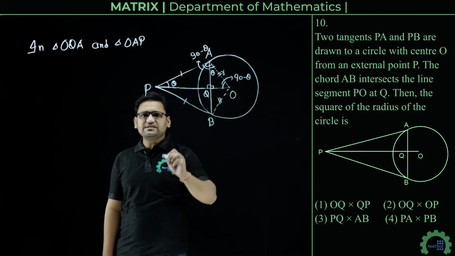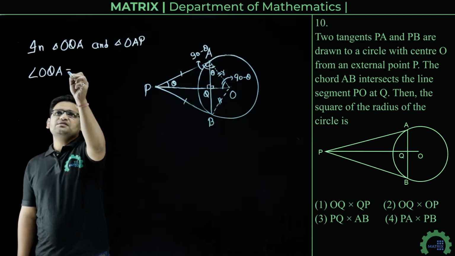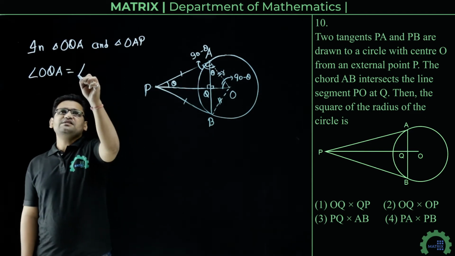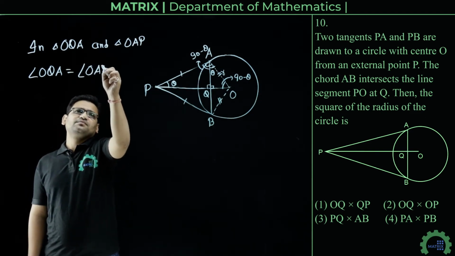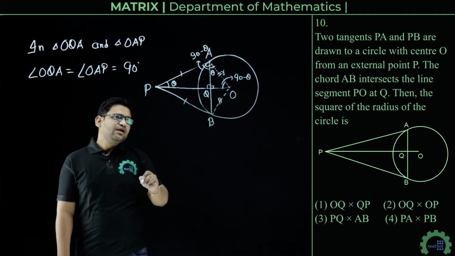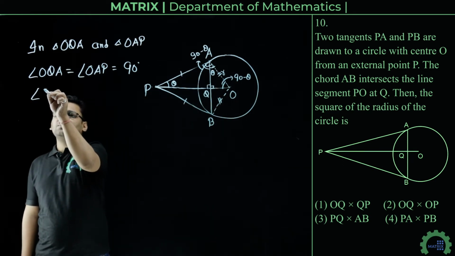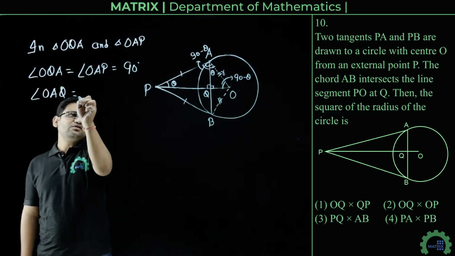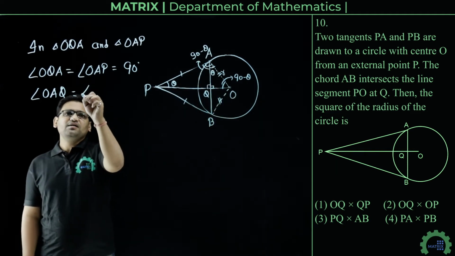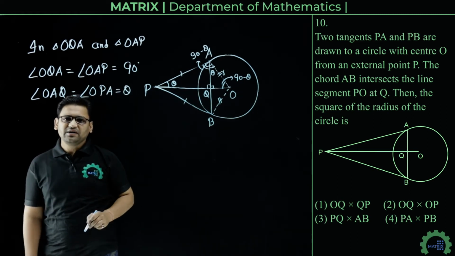Angle OQA is equal to angle OAP, which is 90 degrees. And the second information, angle OAQ is equal to angle OPA, which we have proved to be theta.